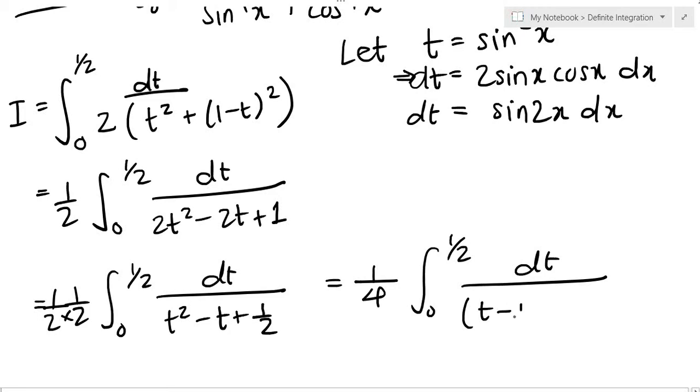This will be t minus half the whole thing squared, but then if you expand this, it will be t squared minus t plus 1 by 4. There wasn't a 1 by 4, so we need to compensate by subtracting a 1/4, and then this original half was just there.